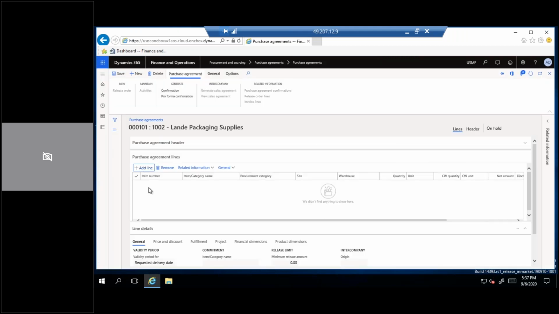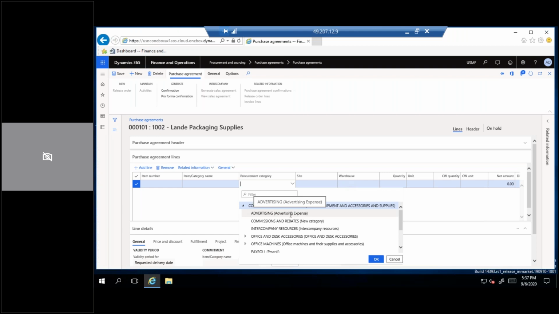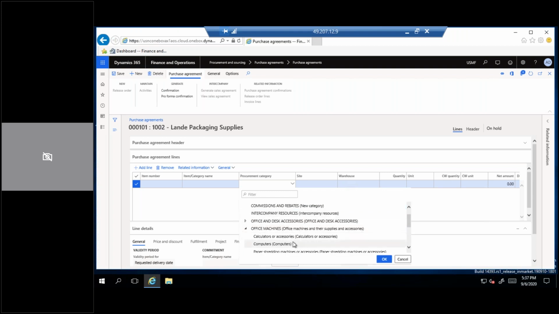Okay, if you click on new lines, here we are not able to select any item because this is category value commitment. You can select the category. Suppose advertisement, something like that, suppose tuner.